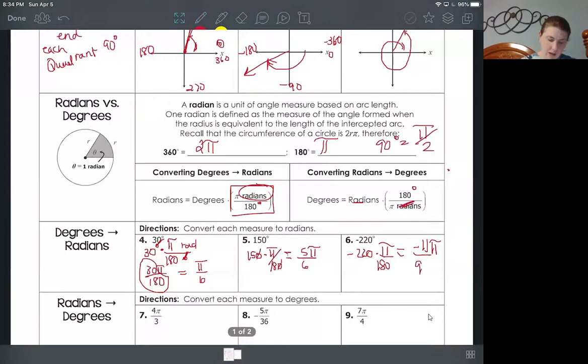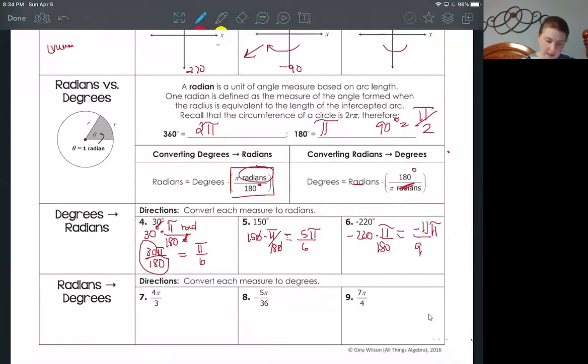Okay, now we're just going to invert that process. Instead of putting the 180 on the bottom, we're going to put the pi on the bottom so that we can get rid of it. What you're going to notice is, hey, the pi's cancel out. That's so nice. And so, oh, you can't see that very well. Let me. All right, here we go.